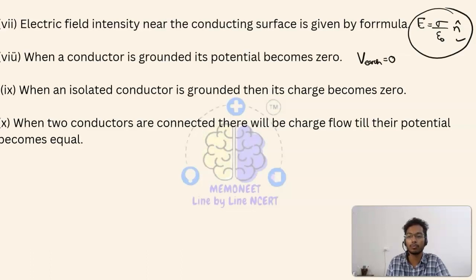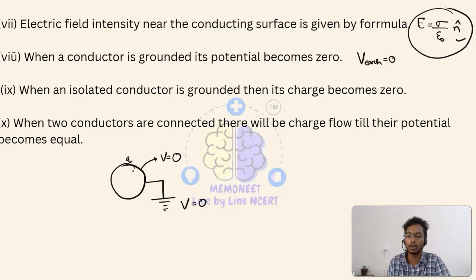Okay. So when an isolated conductor is grounded, then the charge becomes 0. Here we have an isolated conductor and we are earthing it. In the earth the potential is 0, so this will make the potential of the conductor also 0, because they are interconnected, so they will have the same potential.